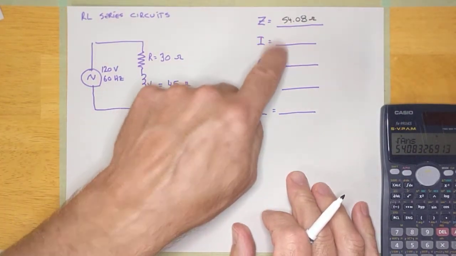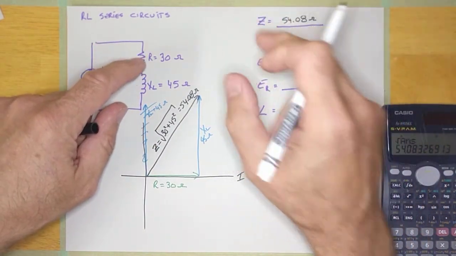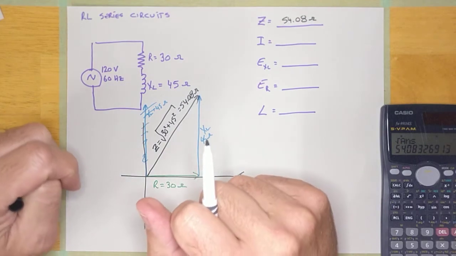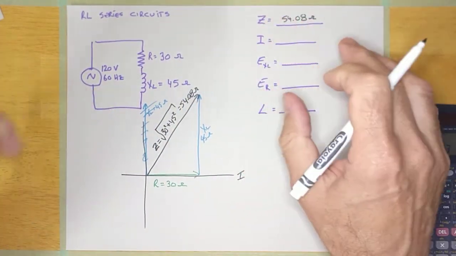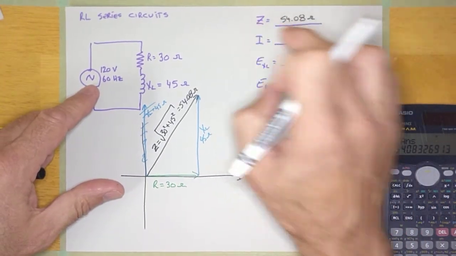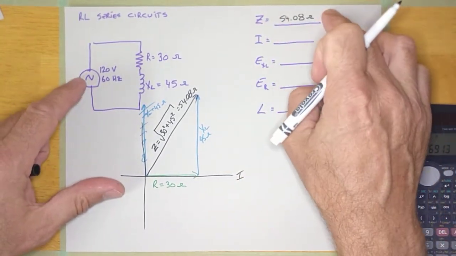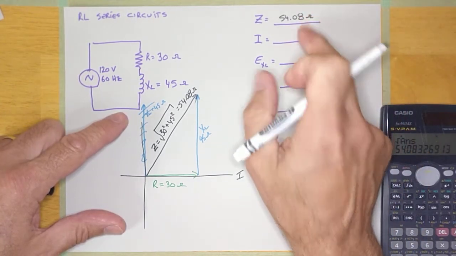So one way to think about Z or impedance is it's like RT from level 1, okay? It's not RT, it's Z, but it's like RT from level 1. It is the sum of all the devices in the circuit that are limiting current. And in this case, it's 54.08 ohms.